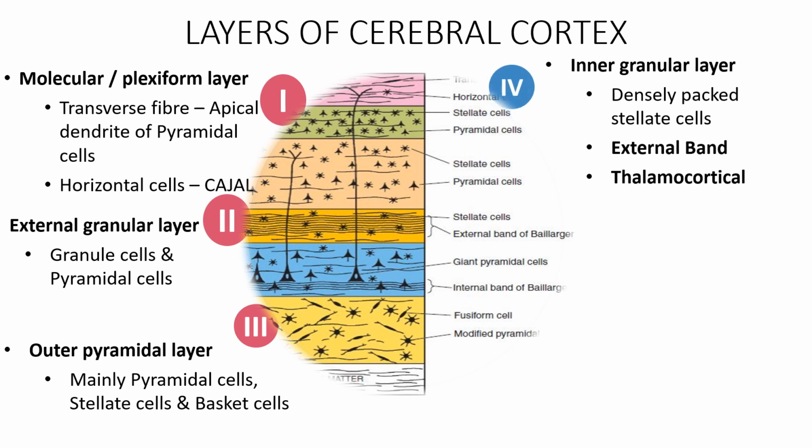And then the fourth layer, inner granular layer, consists of densely packed stellate cells, and the inner zone of this layer is traversed by a prominent aggregation of transversely running fibers that is called the external band of Baillarger. The external band is called the Baillarger.